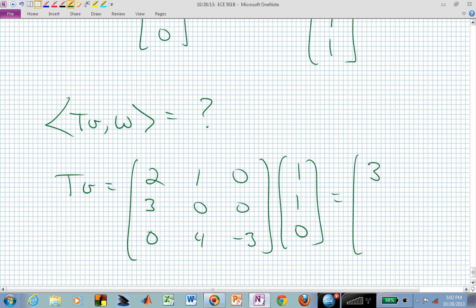So now I'm just combining the first two columns, aren't I? I'm just adding the first two columns in T is what this is saying. So if I add the first two columns, I get 2 plus 1. If I add the second coordinate in the first two, I get 3, and if I add the next one, I get a 4.